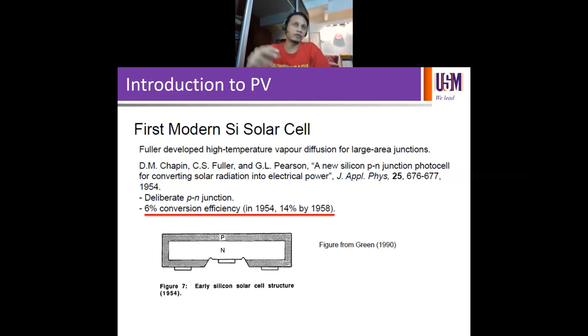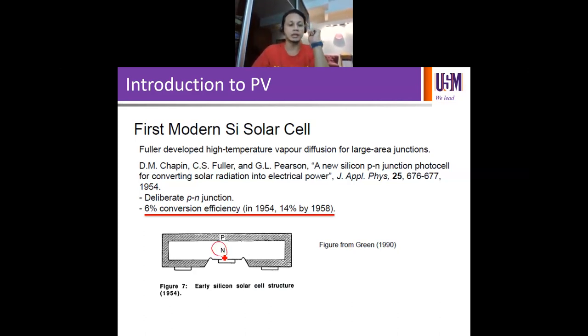If you still recall the structure of solar cell that we discussed during our presentation a few days ago, it's basically a PN junction. If you look at this early structure back in 1954, it's a very simple structure made of a PN junction. The wafer used there is N-type in the middle.